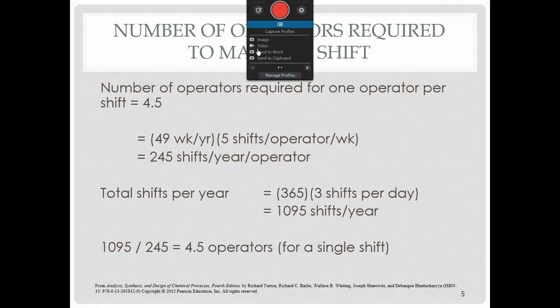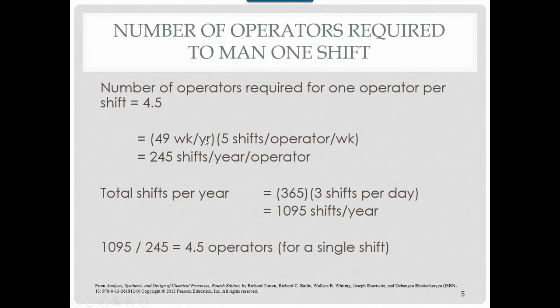Well, basically, we're going to say there's a 52-week year and an average of 3 weeks of vacation a year. So that's 49 weeks a year per operator. They would work 5 shifts a week, each one of them. So that means I'm going to have 245 shifts every year per operator.